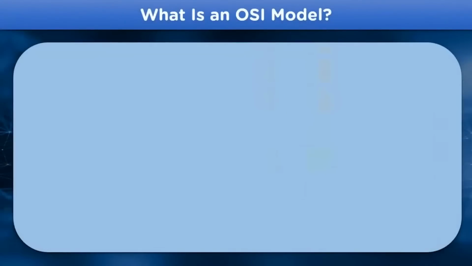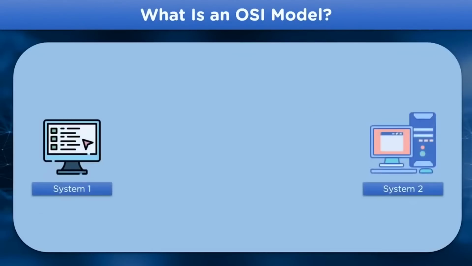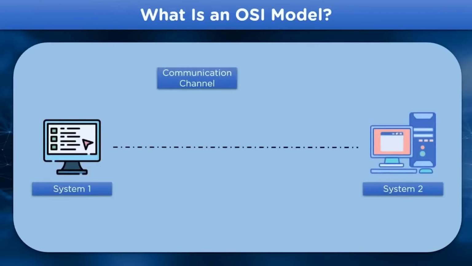To better understand the OSI model, let's take a look at a scenario. Assuming we have two different systems with different operating systems installed in them, and there is a communication channel between them over which the data is shared. But sometimes during transmission of data, it faces some problems.